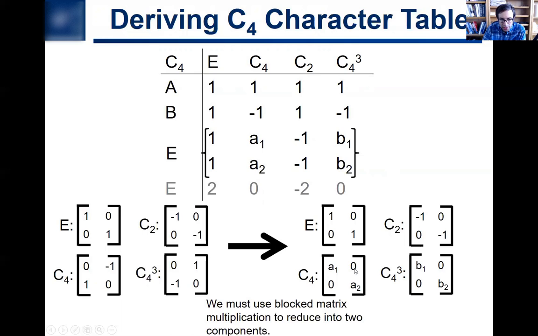To break this up, you have to have zeros on the off diagonal. So E is fine, C2 is fine, right? I'm trying to break this up into vectors with 1 dimensionality. So that tells me I have a 1 and 1 here, 0, 0. So that gives me a 1, 1 there. And this C2 is going to have negative 1, negative 1. I have zeros here, so that gives me negative 1, negative 1.